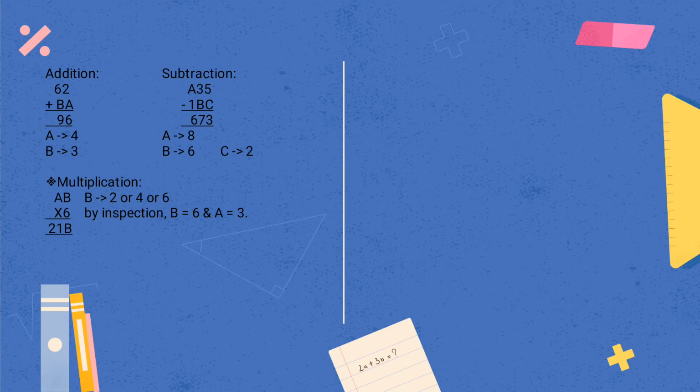In the same way, what will you subtract from 3 so that you will get 7 at the tens place? As you can clearly see, you can never get 7 if you substitute B as 1 or 2. If you substitute B as 1 or 2, you cannot get 7, right?